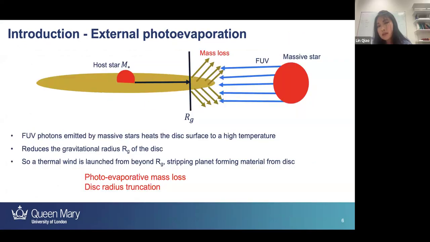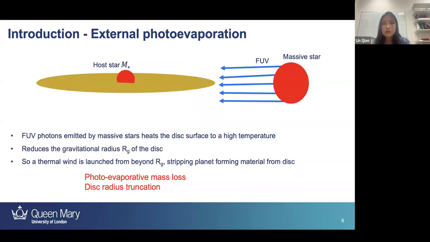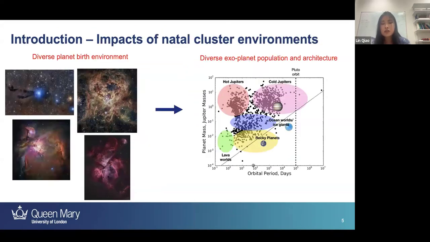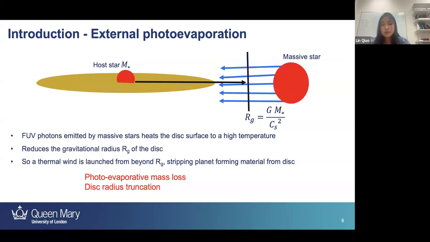So you mean later? Okay, so first of all, I should have clarified this. My models do not take into account internal photoevaporation. My model only has external photoevaporation.